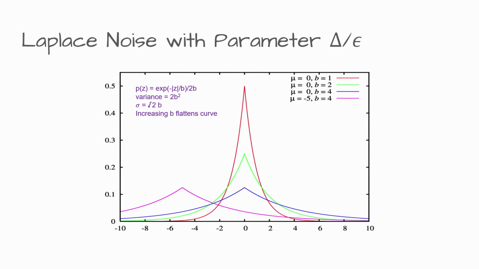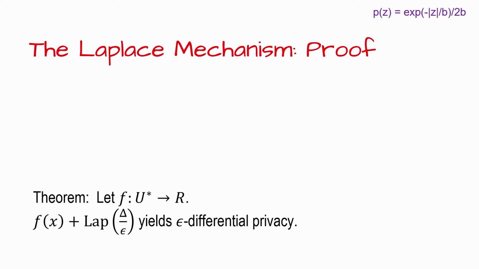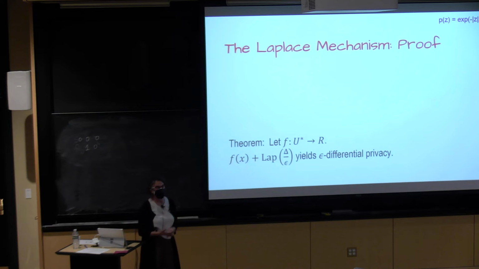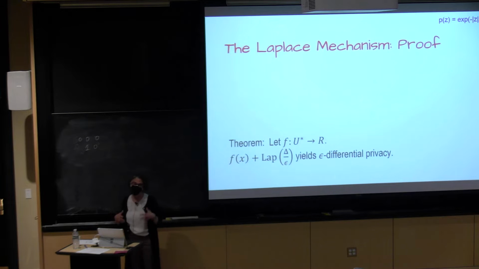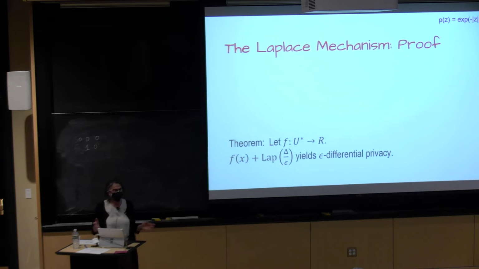And the right distribution turns out to be the Laplace distribution. And the proof is so straightforward, we should just give it. So suppose you have some function f that you wish to compute that operates on databases, which are subsets of our universe, and it's a real-valued function. Again, delta is the sensitivity of the function.